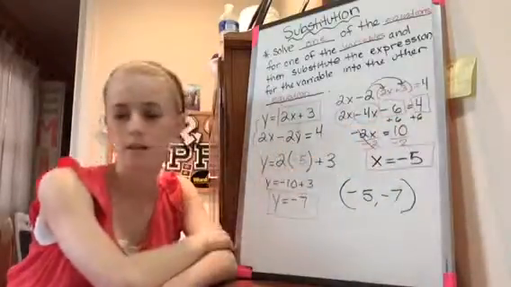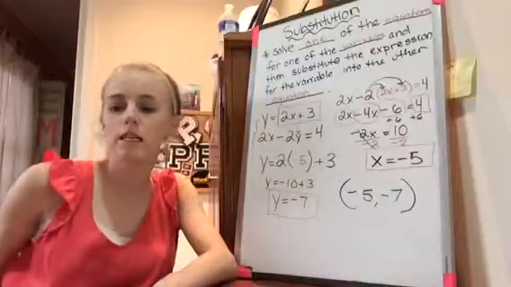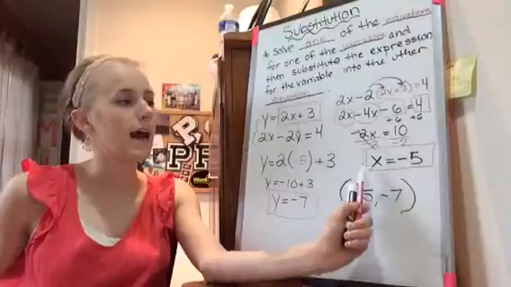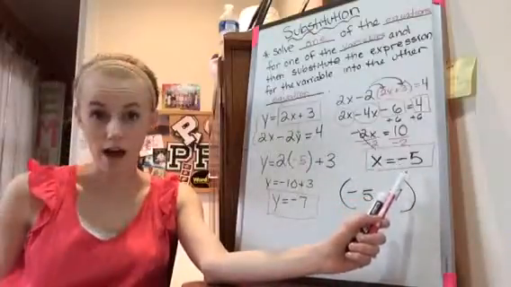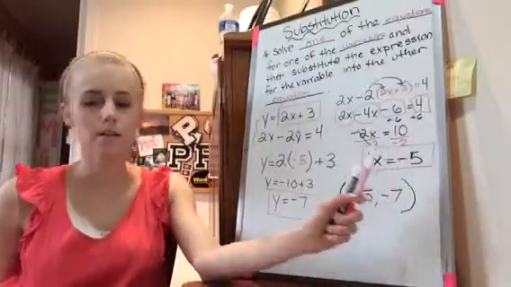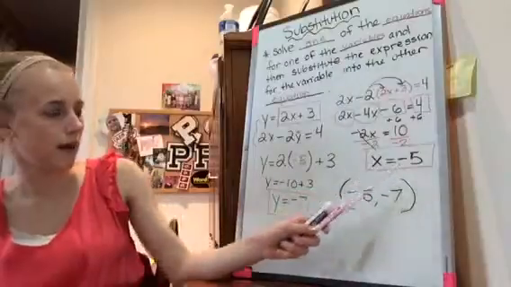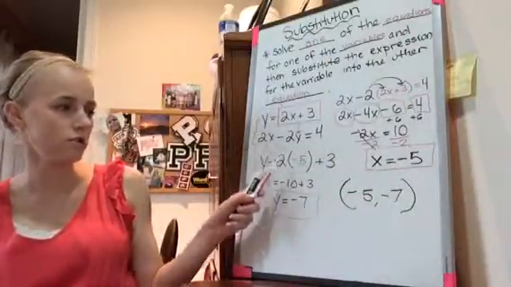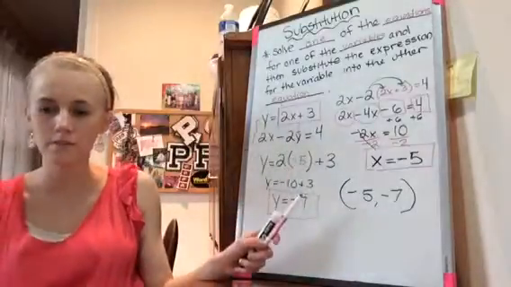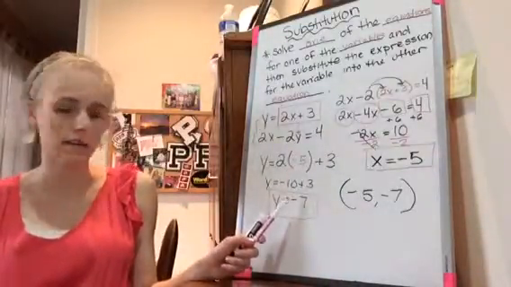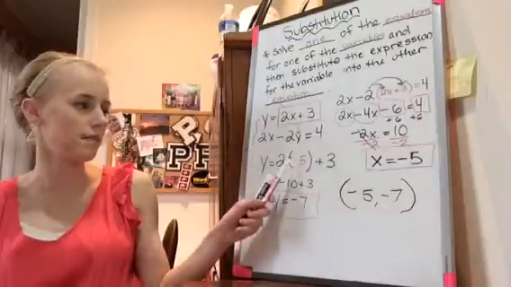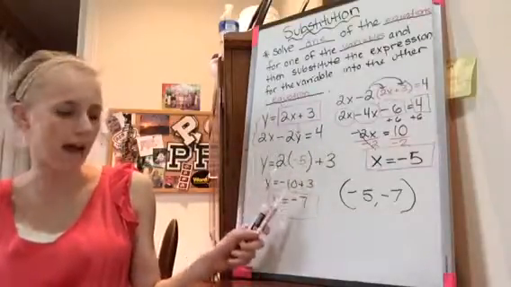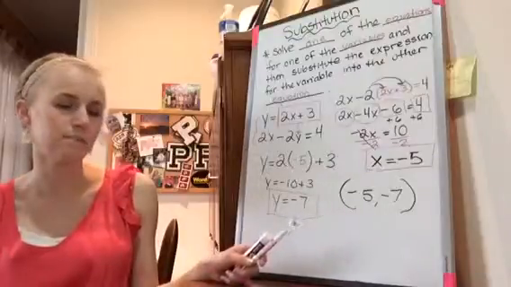Then we need to divide each side by negative 2, which we did, to get x equals negative 5. All right. Then we take our negative 5, we plug it back in here into our first equation. 2 times negative 5 plus 3, we get to equal negative 7. So we substitute negative 5 in for x, and we get negative 7.